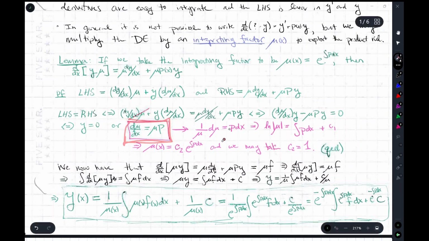Now, how do you solve that differential equation? It's separable. So to solve this differential equation, we separate the variables, and here you have mu, and integrate.